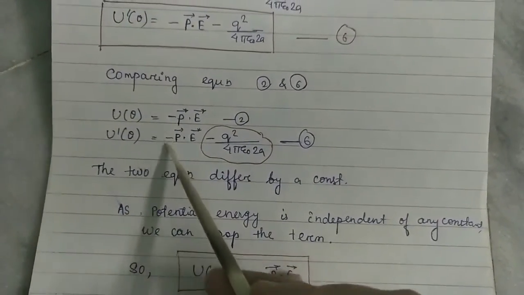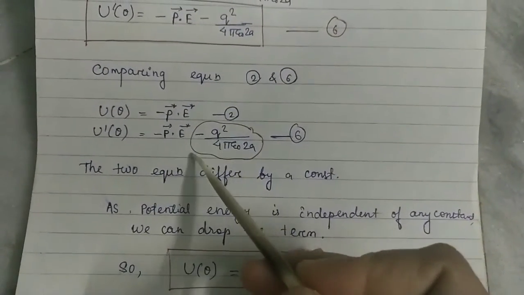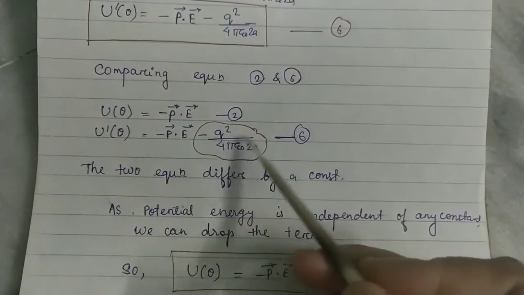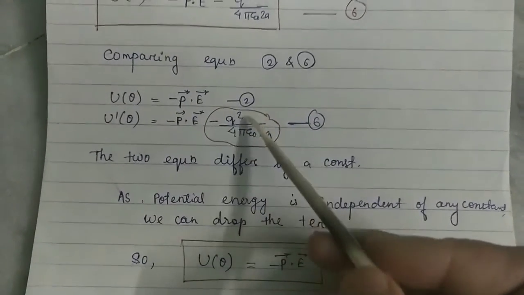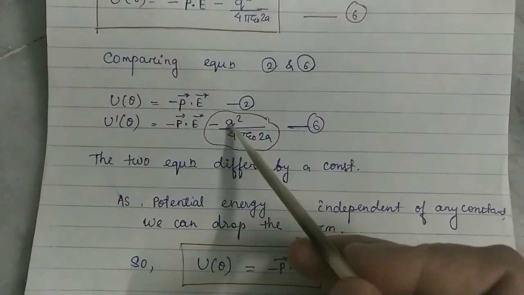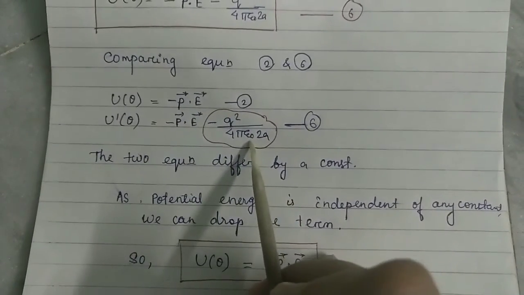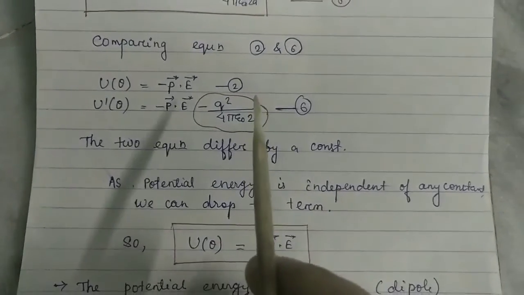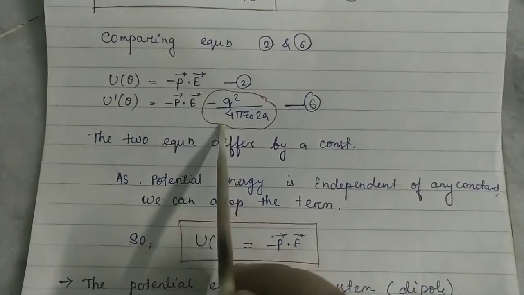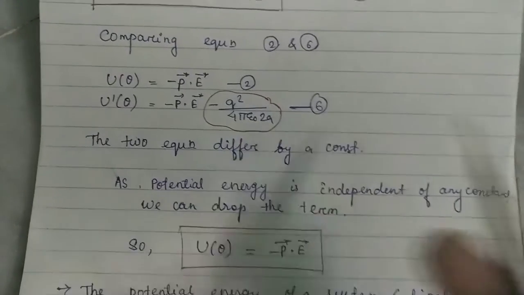The two equations are the same except there is an extra term. What is the extra term? In equation 6 we have minus q square by 4 pi epsilon naught 2a. Now we will see this term here. Q square, that is charge square, 4 is a constant, pi is a constant, epsilon naught is a constant, and 2a, the distance between the two charges, is a constant. For a system of two charges, that means for a dipole, this term q square by 4 pi epsilon naught 2a is a constant.